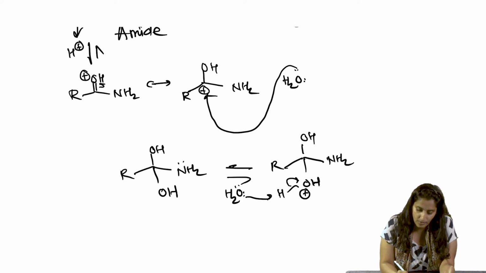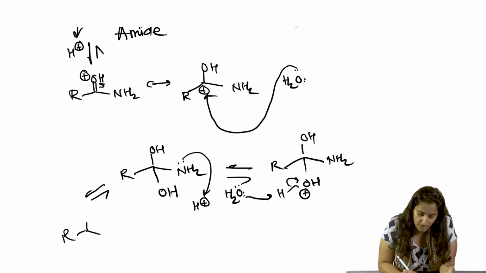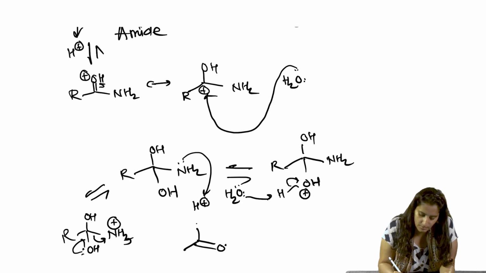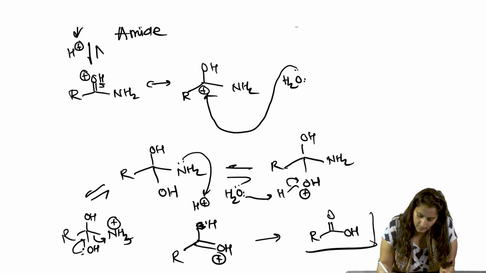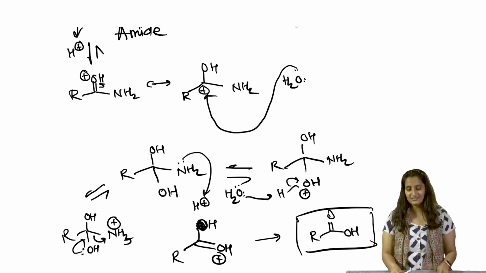In the next step, you have to make this NH2 into a better leaving group by protonating it, forming NH3 plus, and as it leaves, it forms the corresponding carboxylic acid. Okay. That is the reaction of cyanide hydrolysis or nitrile hydrolysis.